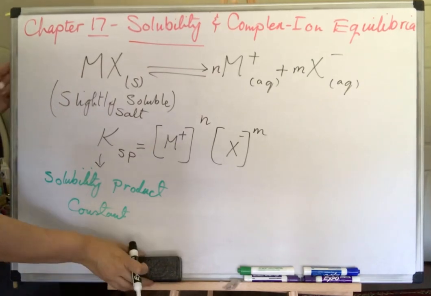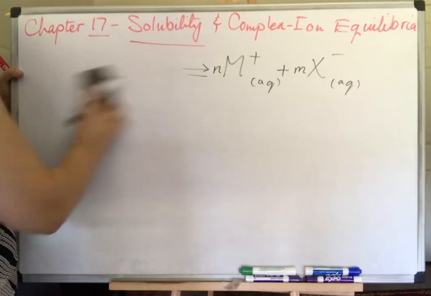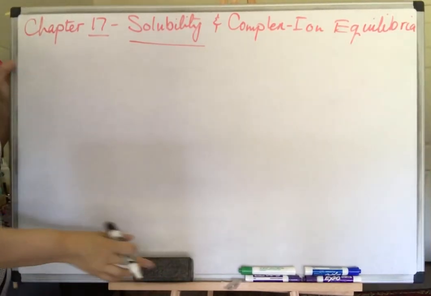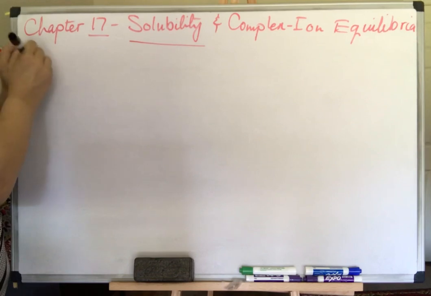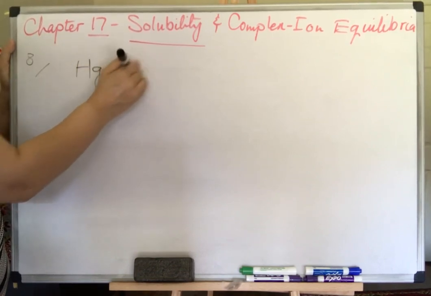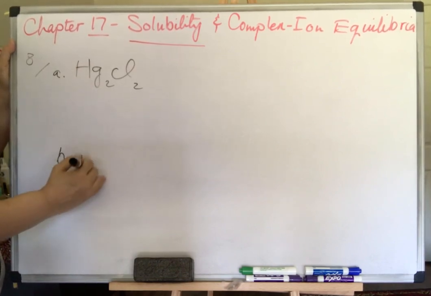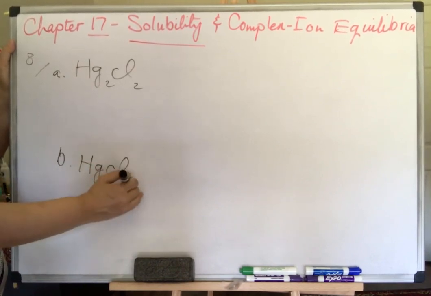So if you want to write the solubility product constant for these two examples on slide number 8, for Hg2Cl2 and for HgCl2.